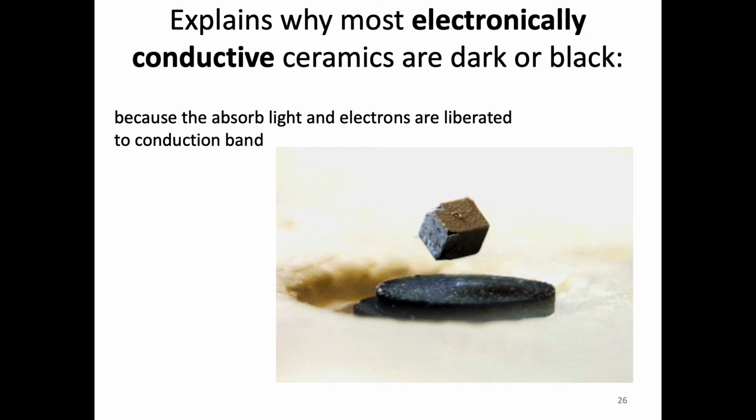So dark ceramics are typically electronically conductive. This is just a general rule. I can't tell you that every single dark ceramic is conductive, but that's a pretty good rule to have.